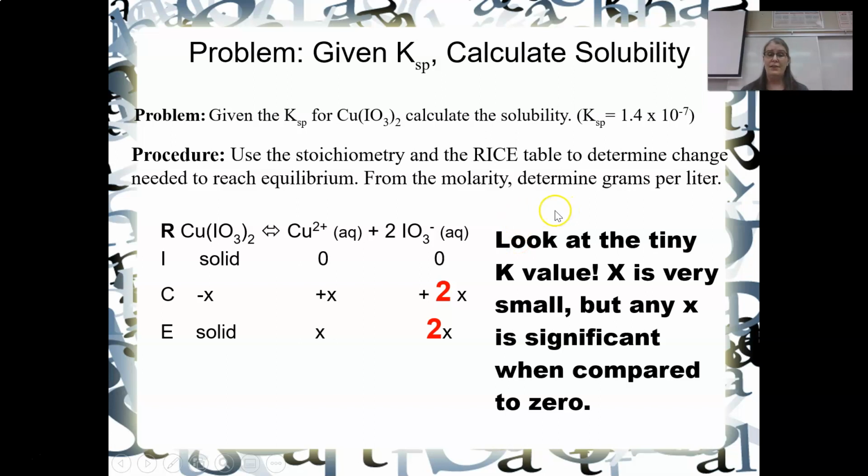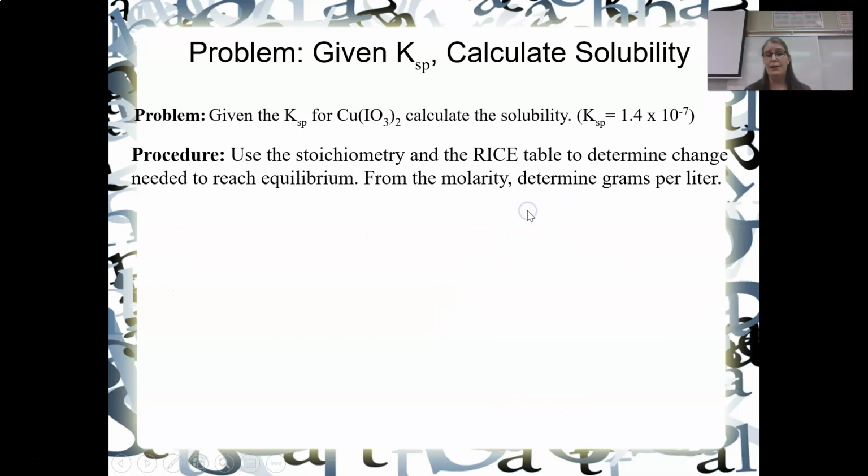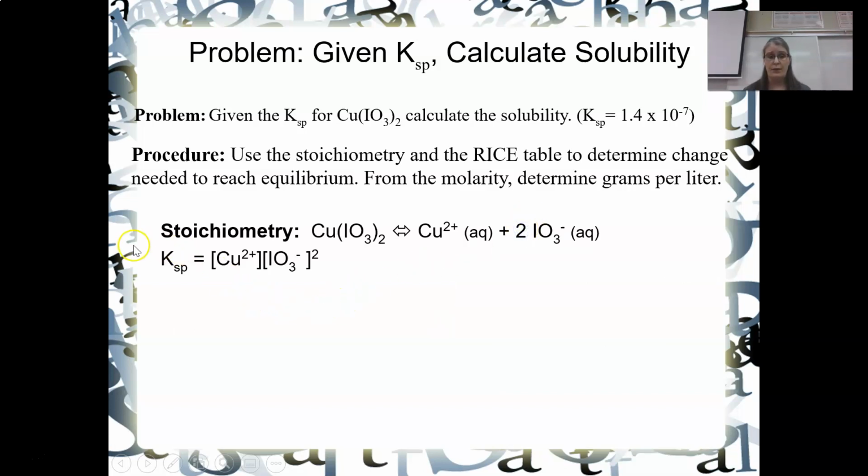So let's take the K expression and see what we can do with it. We have our reaction. So the K expression would just be the copper concentration and the iodate concentration. The iodate concentration, though, would be squared because there are 2 of them. Well, now we know that KSP is going to be equal to X and 2X squared from our RICE table.